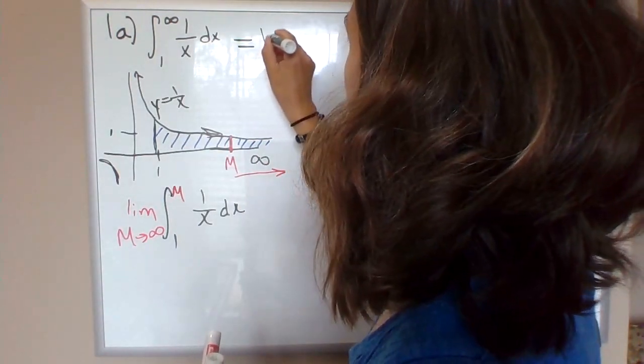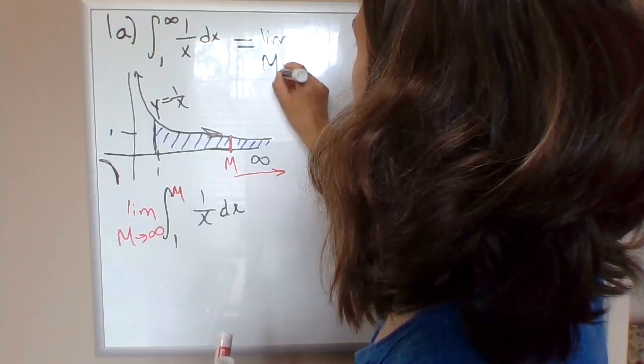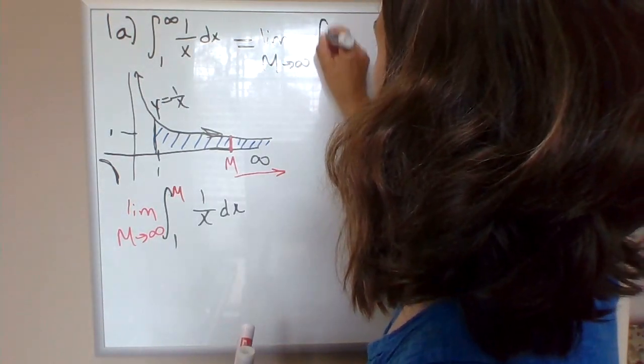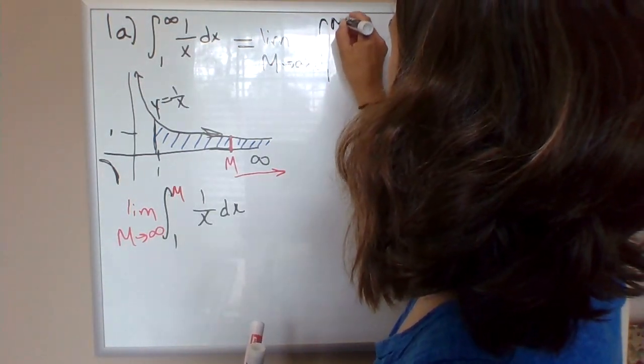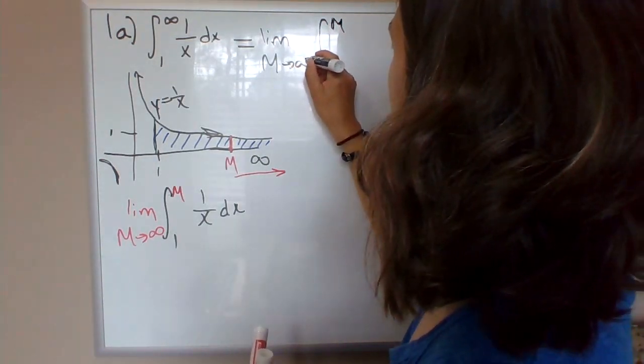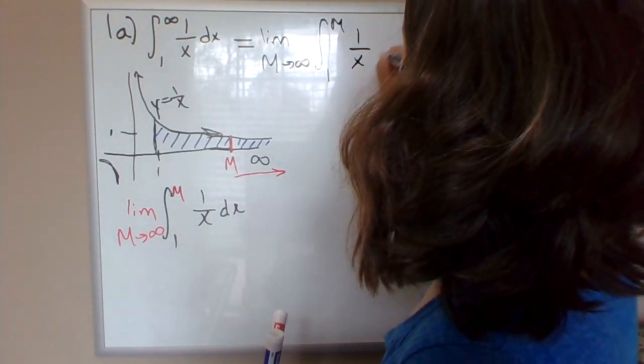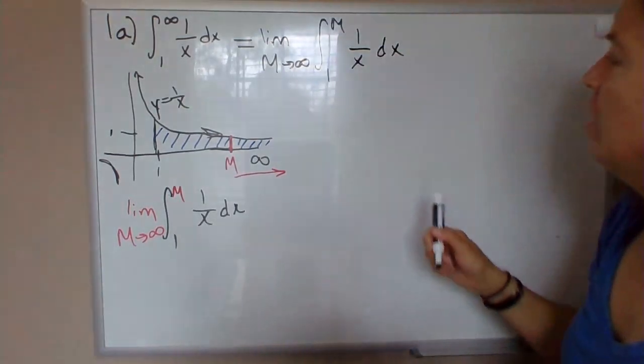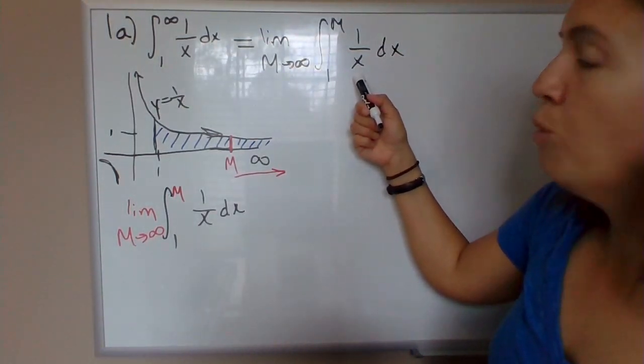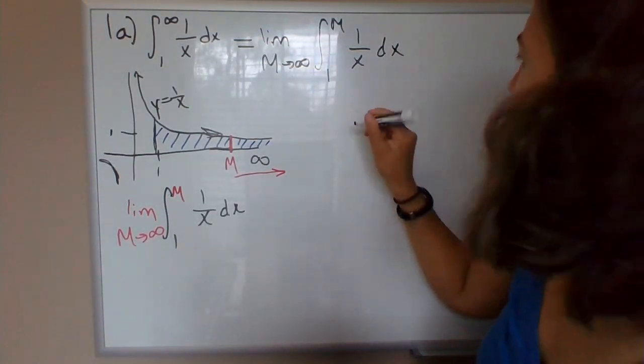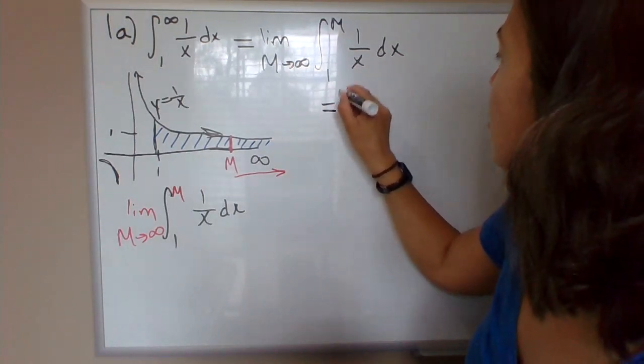So we would first translate it to a limit, like I described below. So the limit as m approaches infinity of the integral from 1 to m of 1 over x dx. Now I know that the antiderivative of 1 over x, so a function whose derivative is 1 over x, is natural log of x.